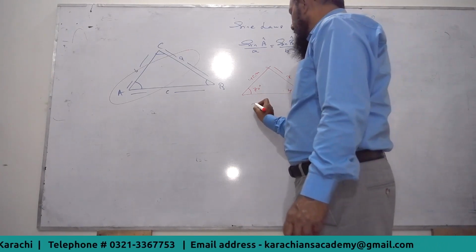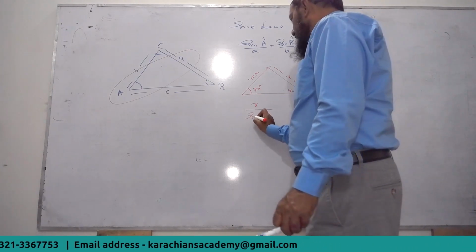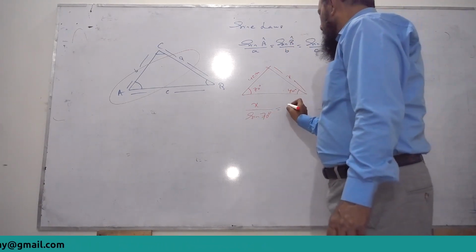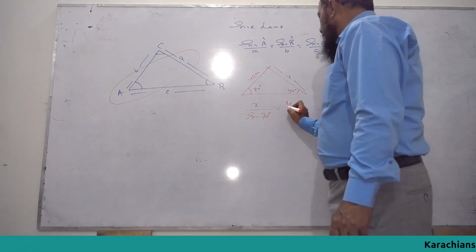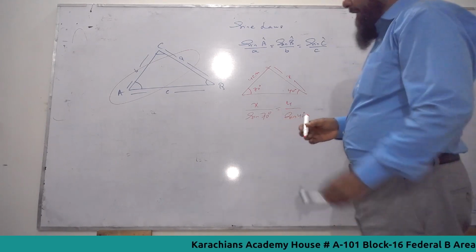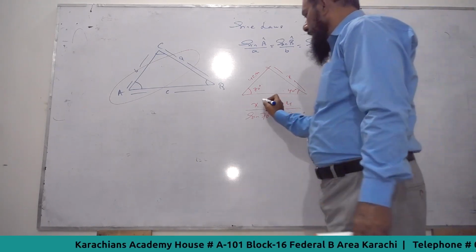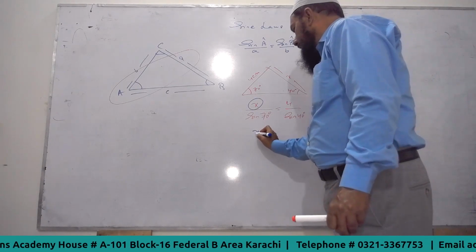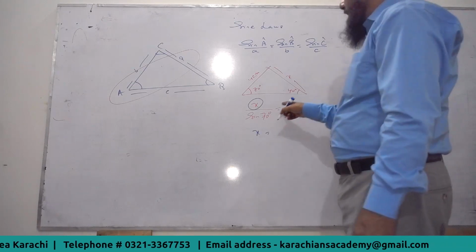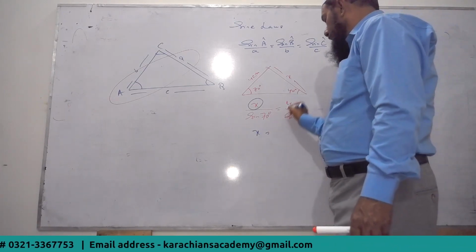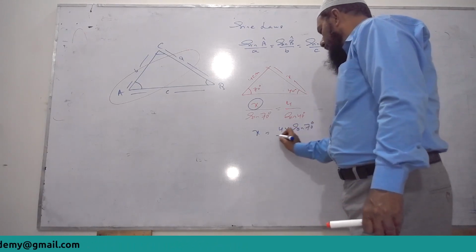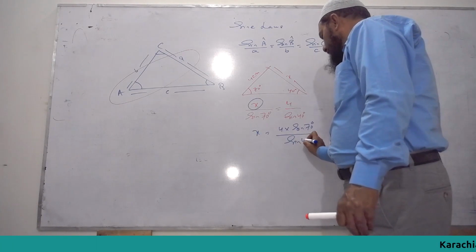So we may use the formula x over sine of 70 degrees equals 4 over sine of 40 degrees. Now we have to make x the subject. We move this sine of 70 degrees from the left hand side to the right hand side, where it will multiply by 4. So it becomes x equals 4 times sine of 70 degrees over sine of 40 degrees.